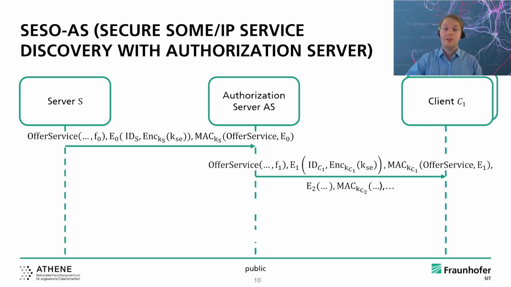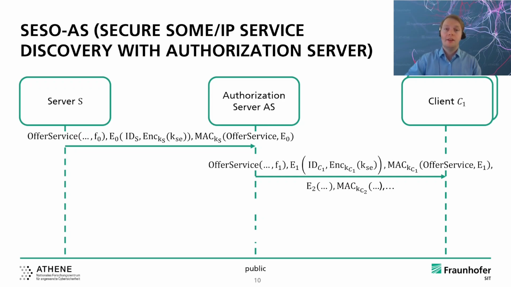The authorization server then checks whether the offer service message is valid and sent by an authorized server. In case all checks are passed, the authorization server broadcasts the offer service message together with the session keys encrypted for every client who is allowed to consume this service.